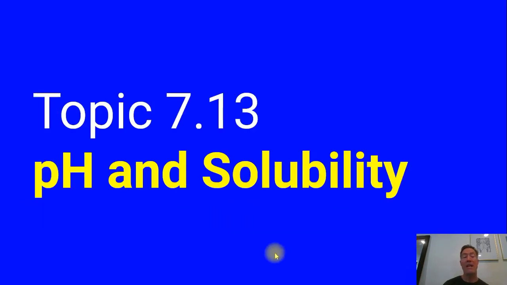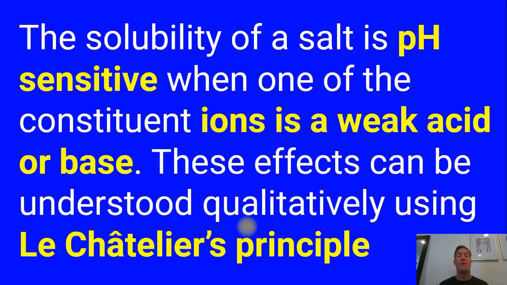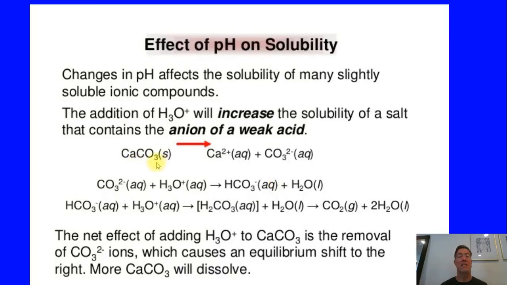All right, finally, we come to pH and solubility and what effects they have on the solubility of salt. The solubility of a salt is pH sensitive when one of the ions is a weak acid or a weak base. And again, we can understand these using Le Chatelier's principle. Calcium carbonate is slightly soluble.